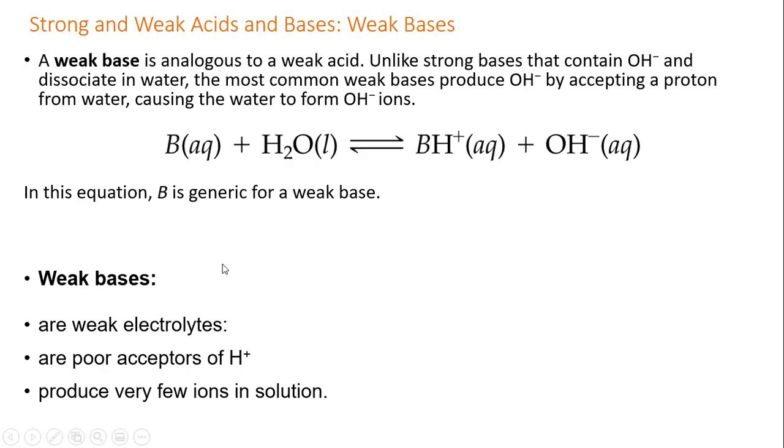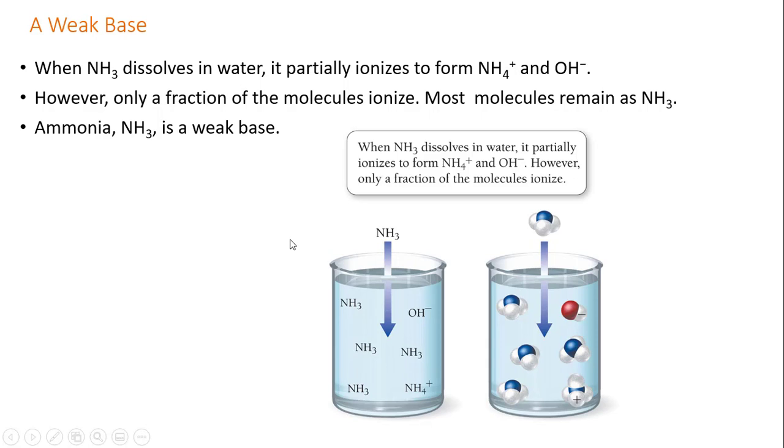Same thing, think of a hierarchy of weak bases. Some are stronger weak bases than others, but there are equilibrium arrows. It wants to stay intact with the water, and the base wants to be on its own. So when ammonia dissolves in water, it partially ionizes to form ammonium and hydroxide.